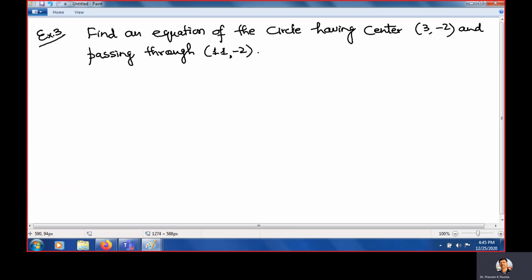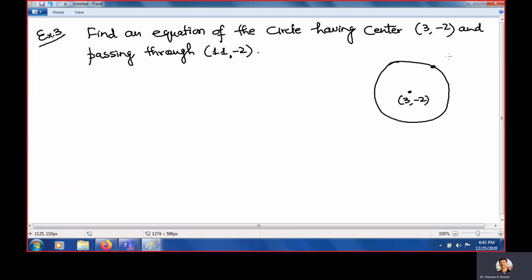Clear? If you want to draw it, just make the circle. This is the circle and the center is 3, -2.